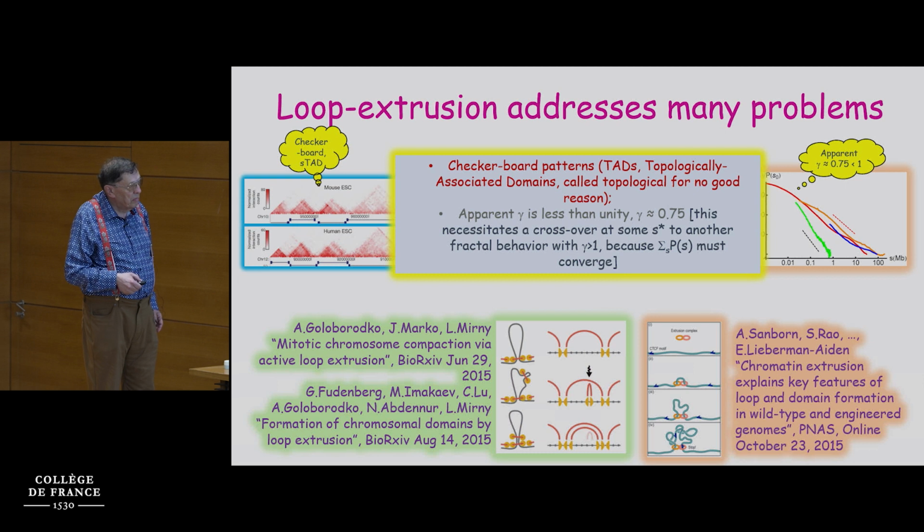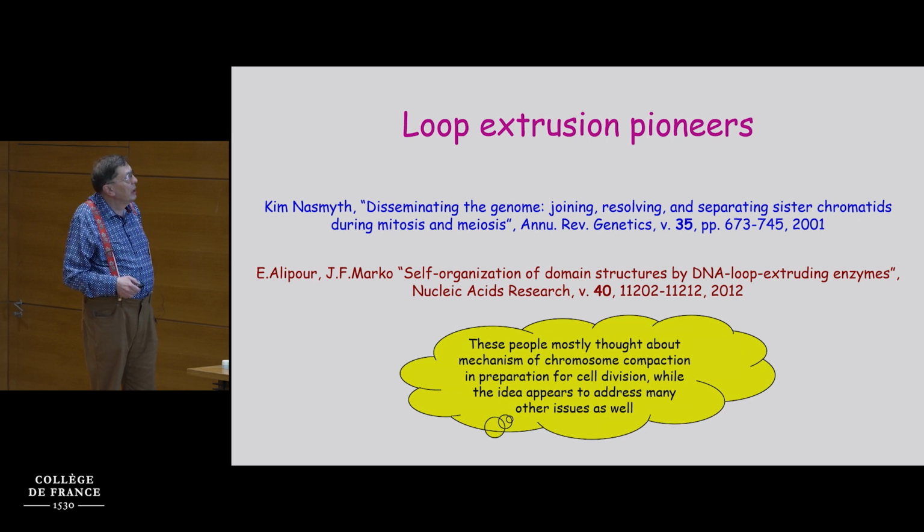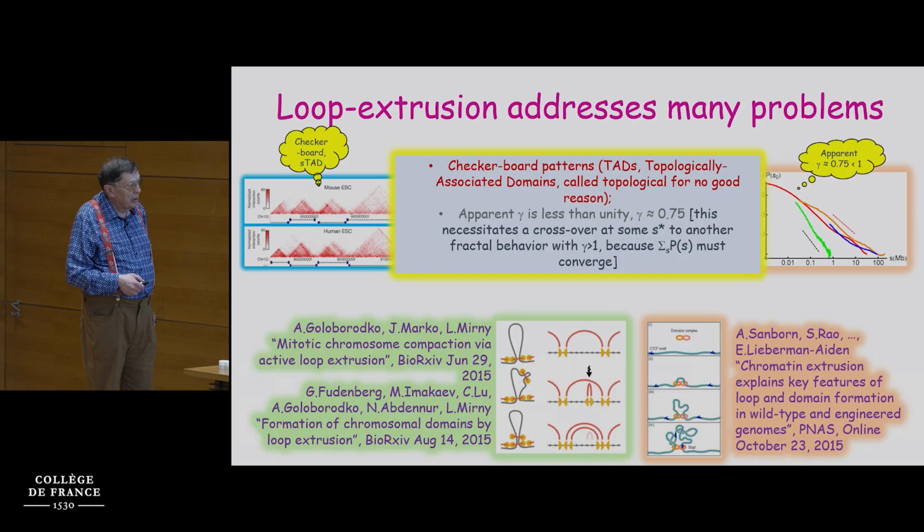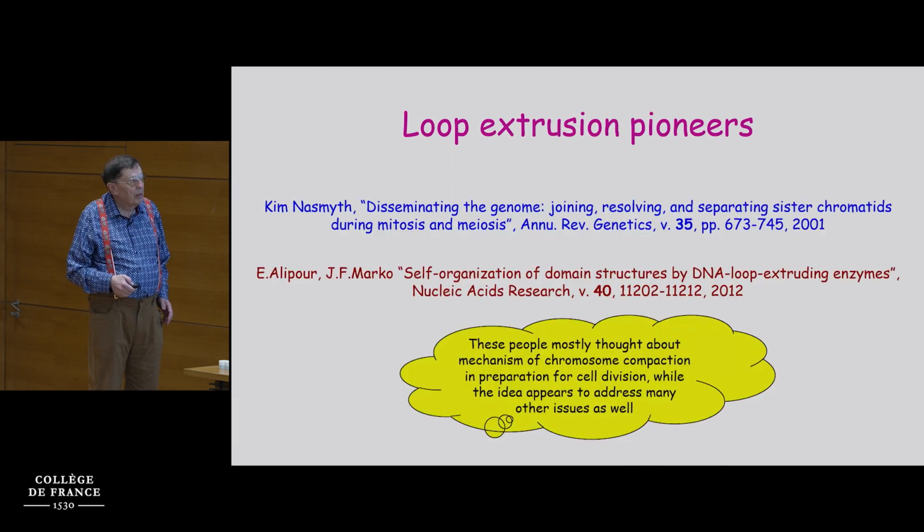So it was basically fruitfully formulated in these papers here, and it explains lots and lots of things. In fact, it was formulated in these papers over 20 years ago, and then over 10 years ago in this paper by Alipur and Marco, but really it started when these papers appeared.